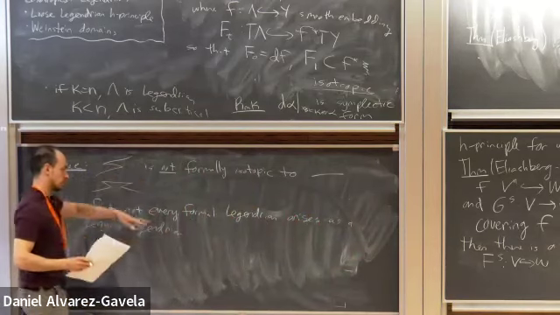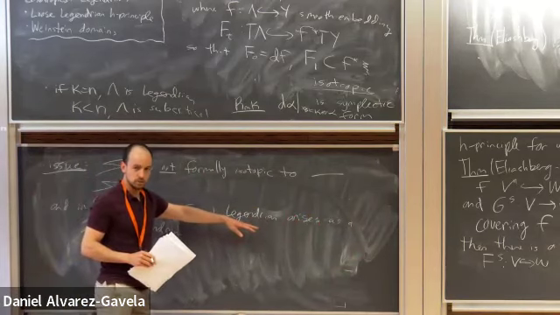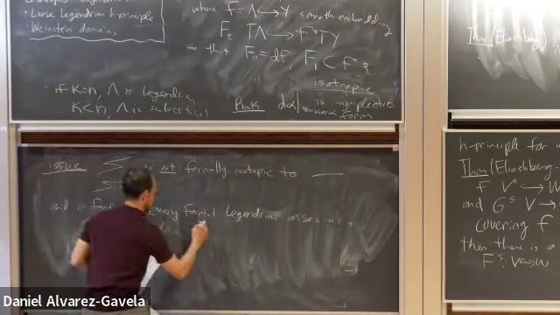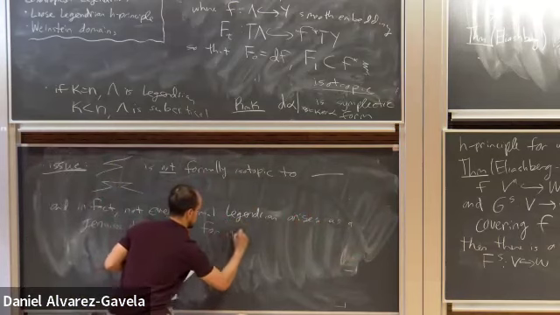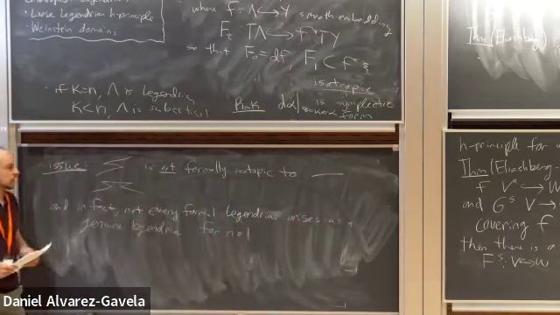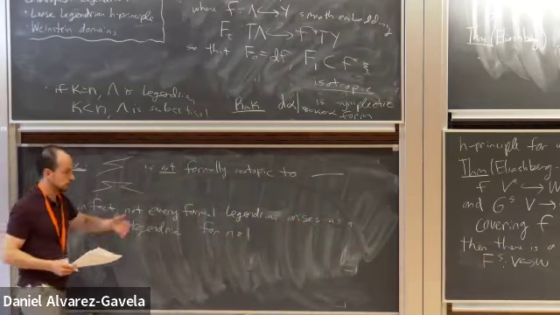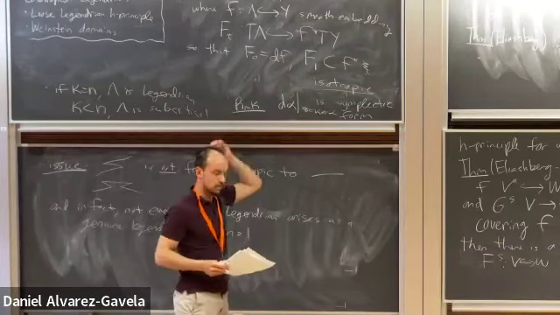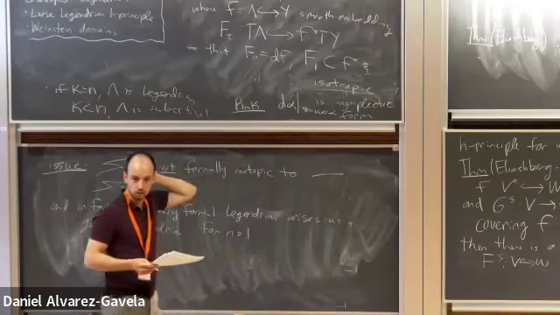Meaning that if I have a formal Legendrian, it cannot be homotopic to a genuine Legendrian for the case n equals 1. Because again, adding these zigzags, which is how one would try to build an actual Legendrian, changes the formal class.